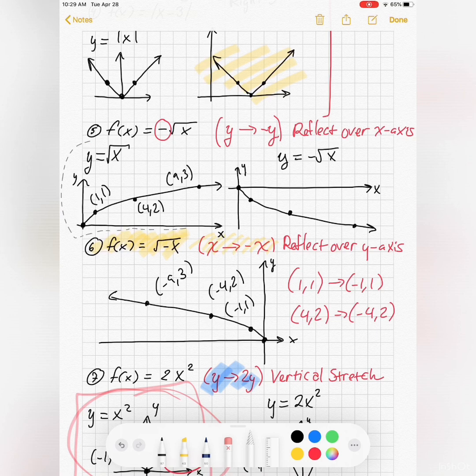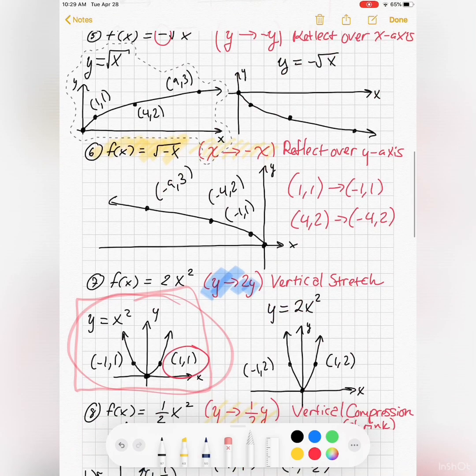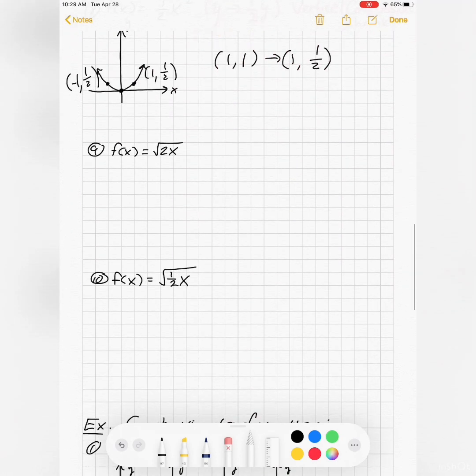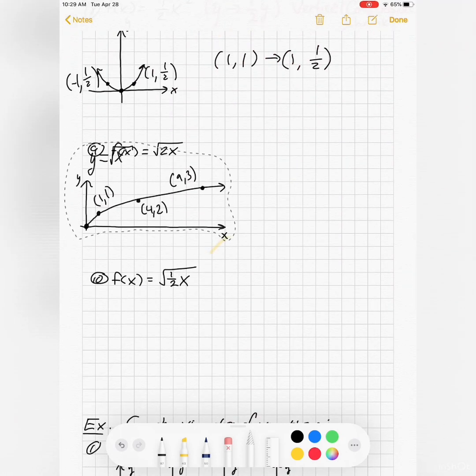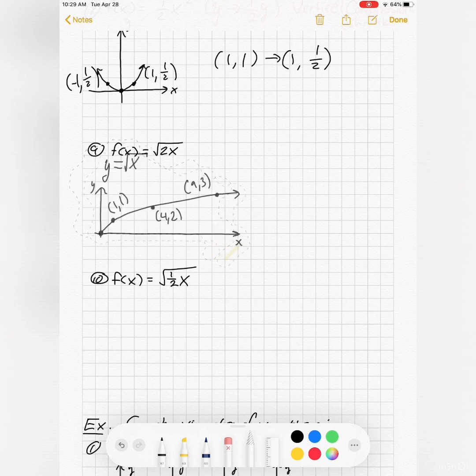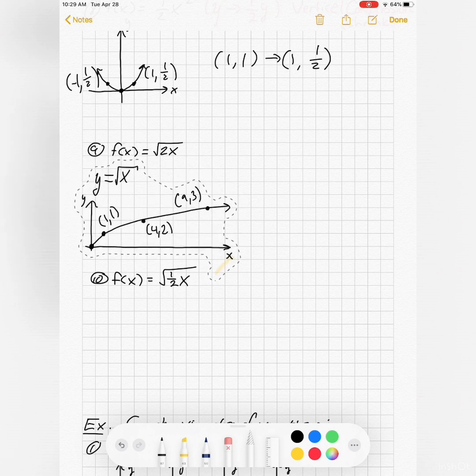Here's our base graph. Our base graph is that square root of x function. Again, there's that. But then do you see the difference here?